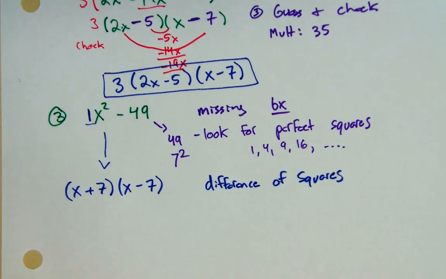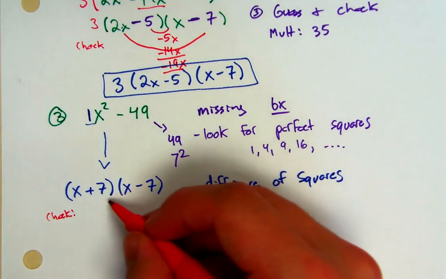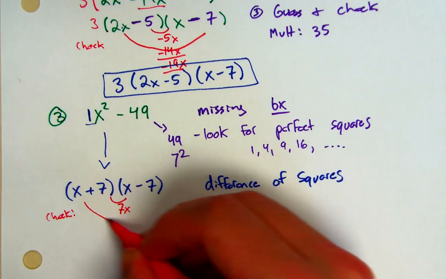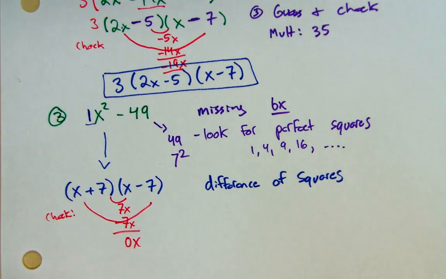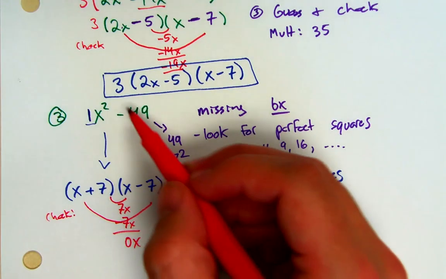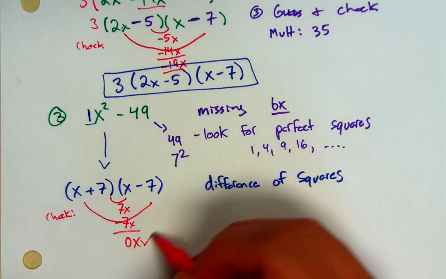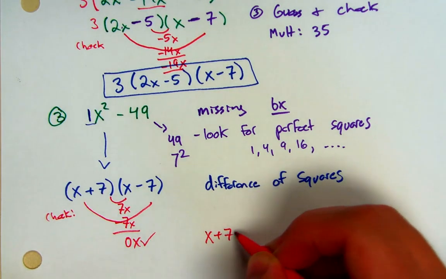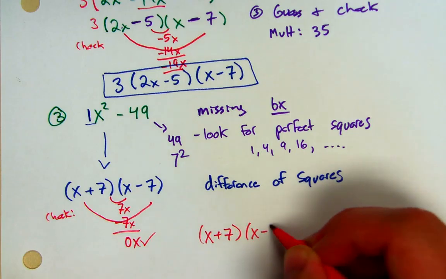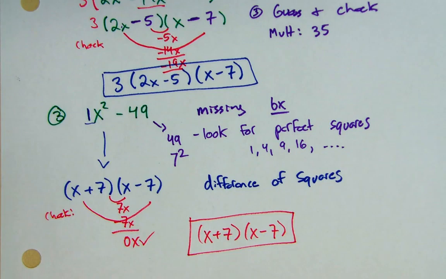And again, that will be shown by our check step here. So check to see it works. 7x, negative 7x, add them together, you get 0x. Well, there was no x, again, missing bx. So 0x, that checks out. So again, my solution here is x plus 7 and x minus 7. And that ends up factoring nicely.